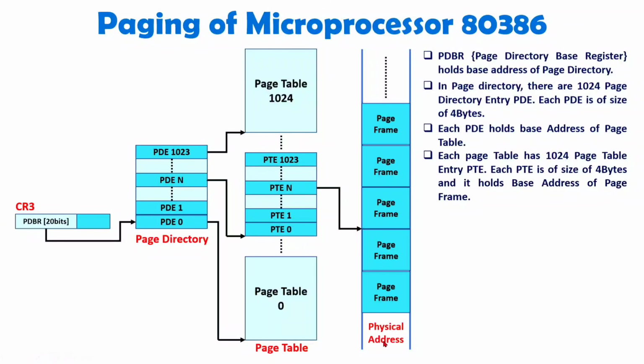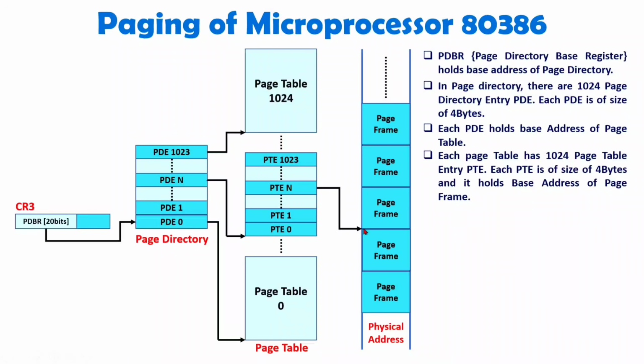So here we have the physical address, and that physical address is there inside memory, and in physical memory we have page frames, and the page frame's base address will be indicated by the page table entry, right? So my dear students, this page table entry size will be 4 bytes only, and those 4 bytes will indicate the base address of this page frame.